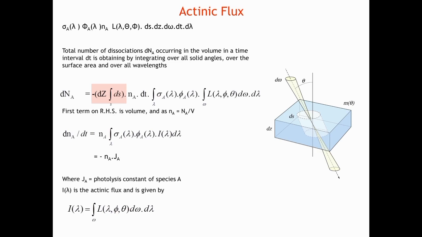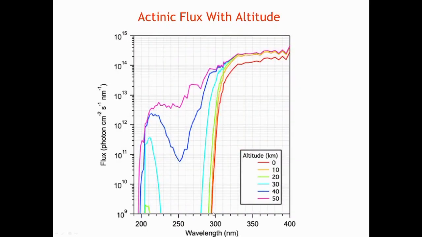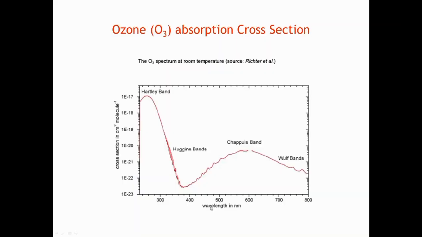But there's enough of the radiation around 290, 300 nanometers, where there's quite strong absorption in the Hartley bands, where the dissociation of ozone is higher. So even though there's not very much tropospheric light at short enough wavelengths for the photolysis of ozone, there is enough of it where the quantum yield is high to photolyze ozone around 290, 300 nanometers.